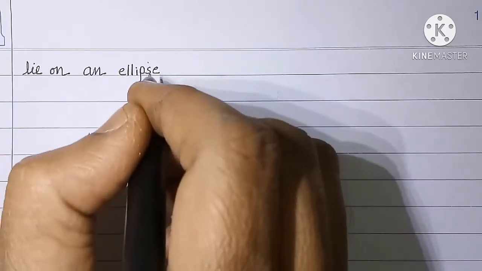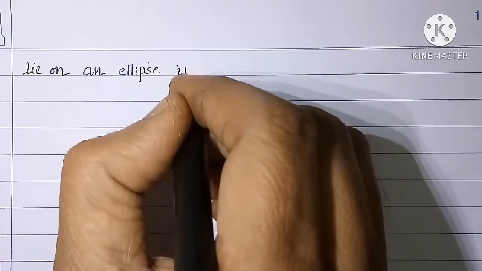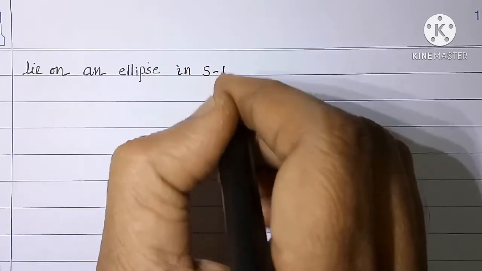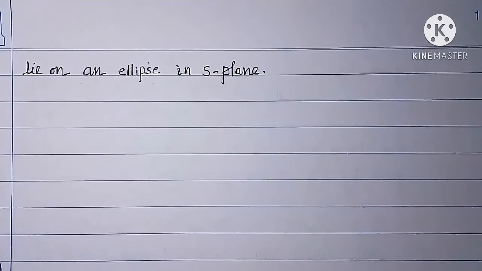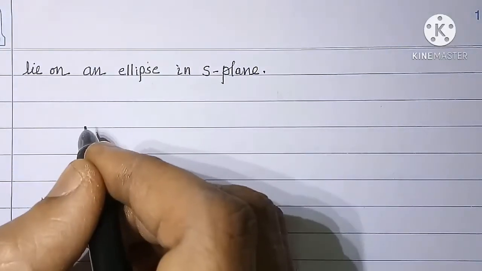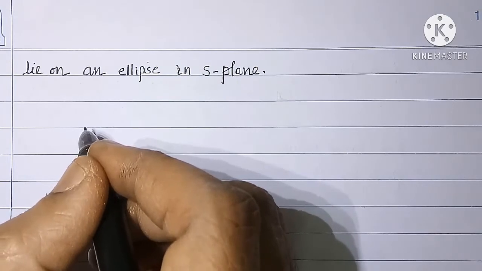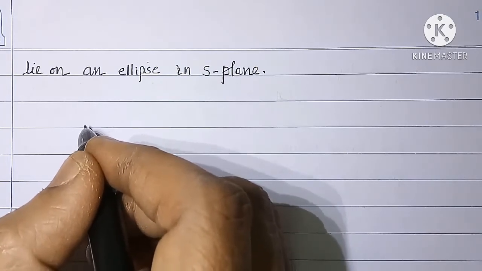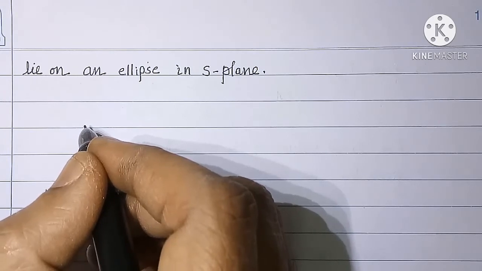I hope you all know what is ellipse in S plane. So what we wrote above is transfer function for an analog system. Now we will write a transfer function of analog Chebyshev low pass filter.